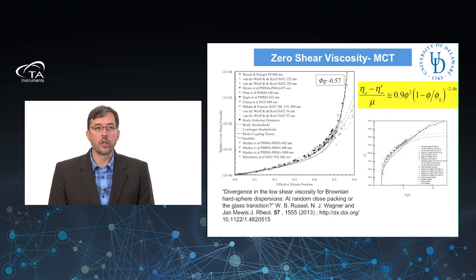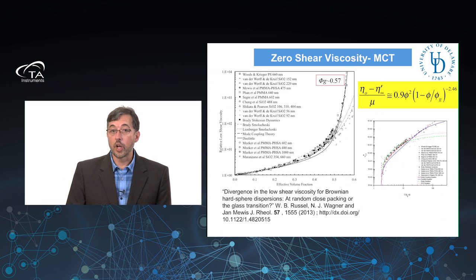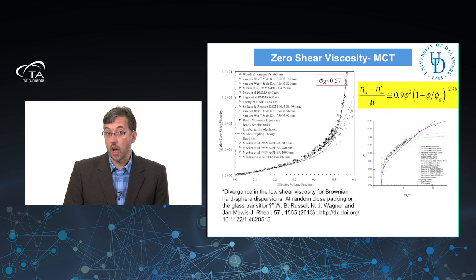There are a number of theoretical lines, but the one that goes through the data the best is shown in the yellow box there. That is the mode coupling theory, adapted a little bit to accurately represent the contribution of the Brownian viscosity terms to the overall viscosity. What's plotted on the main graph is the overall viscosity, but just like the simulations, we can subtract off the hydrodynamic contribution, which I'll show you on the next slide, leaving only the Brownian contribution, and that's shown on the right graph.